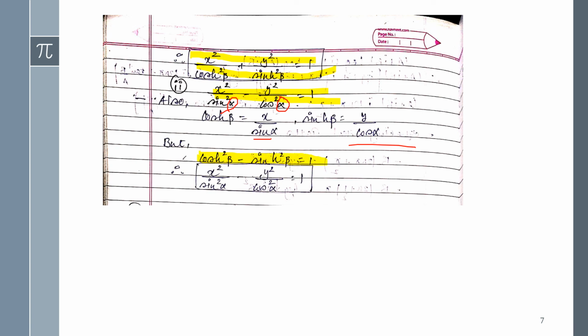This one is the identity of hyperbolic: cosh square beta minus sinh square beta equals 1. This is the formula, the identity of the hyperbolic function. Here a plus sign will not come in between. So at the last, putting the values of this, you will get the final answer: x square upon sin square alpha minus y square upon cos square alpha equals 1.